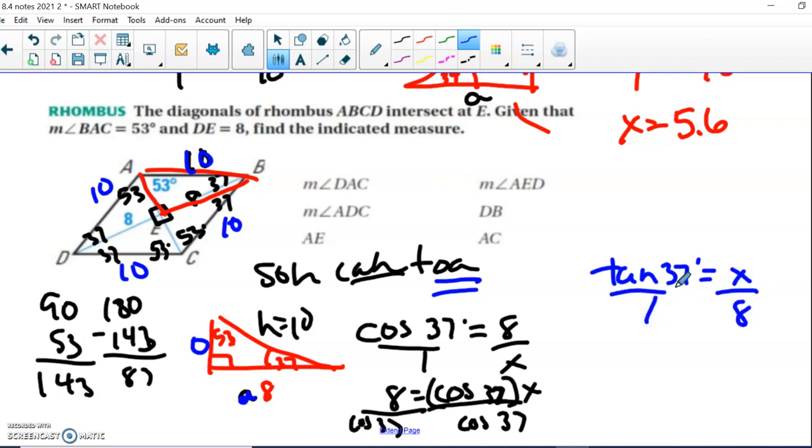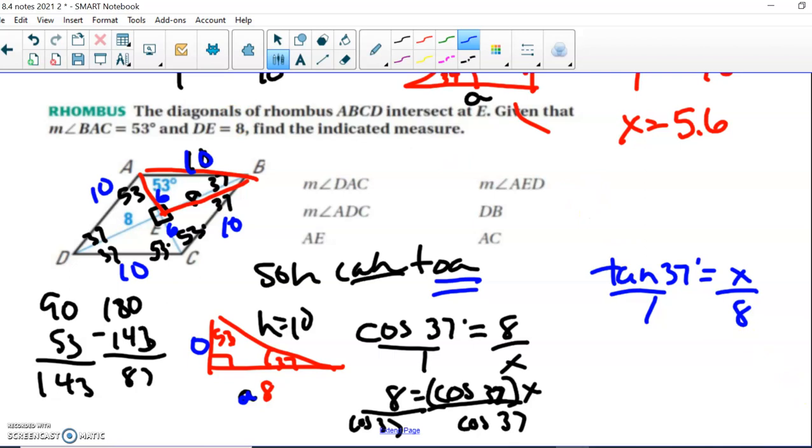We're going to cross multiply: tangent of 37 times 8, and it looks like that's 6. And maybe you remember the 6, 8, 10 triangle. That's one of our Pythagorean triples. So we know this is 6, which makes this 6, and we did it again. We solved this whole rhombus.